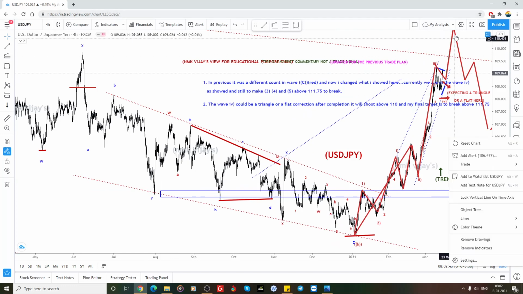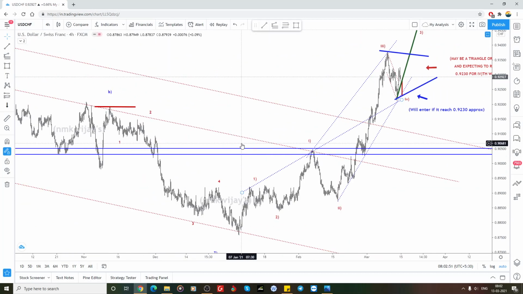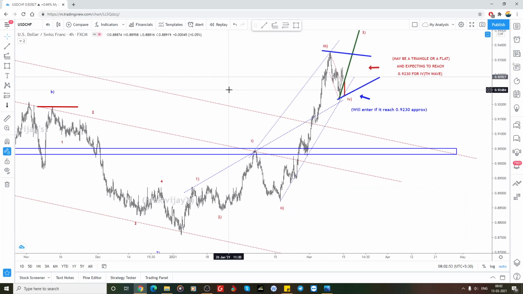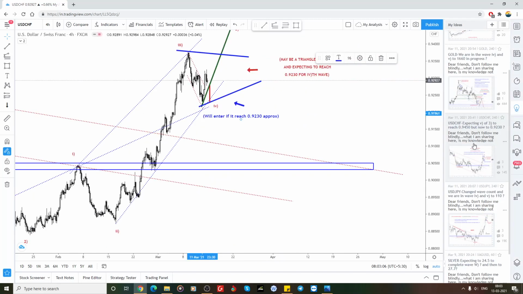So mind that 110.5 zone. Let's move on to USD CHF. Because I split that as a 1 2, here also it has become 1 2 and 1 2. So we are on the third. Expect exactly what I shared in my TradingView.